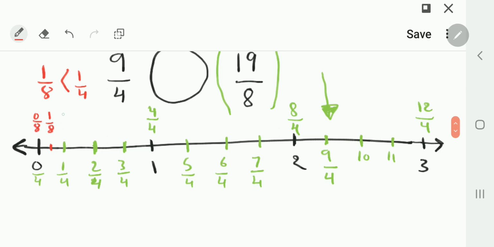And then this is going to be 2/8, and then 3/8, and then this is 4/8. 4/8 is exactly 2/4. Same thing. So they meet at the same point.